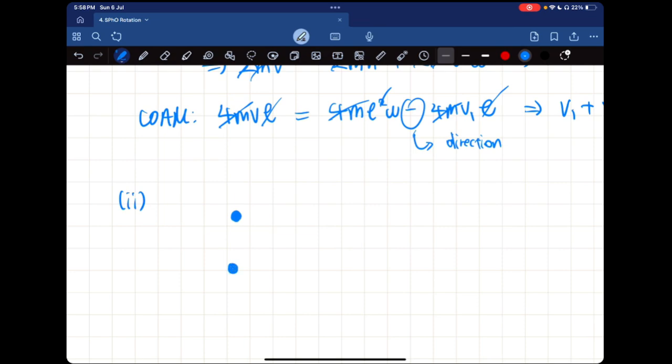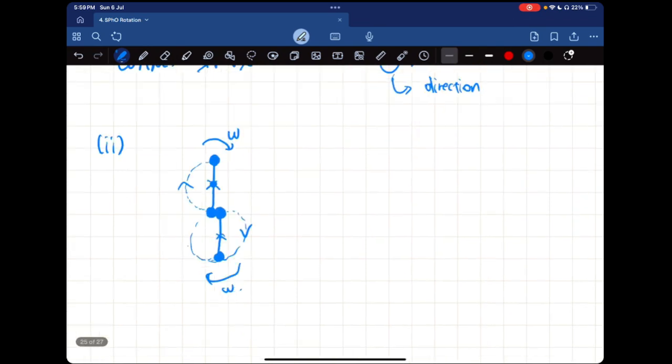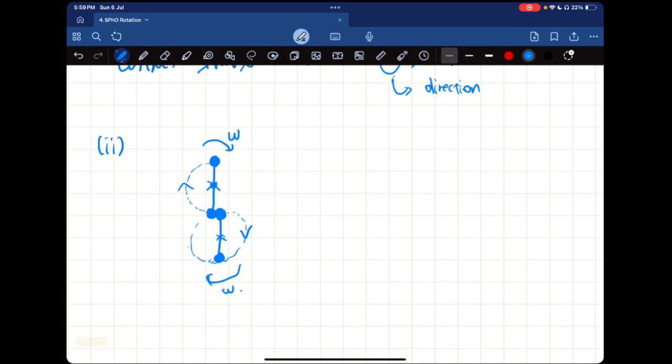Your two rods are just doing this. This is right after they collided. They're just rotating like that. One is rotating like that.